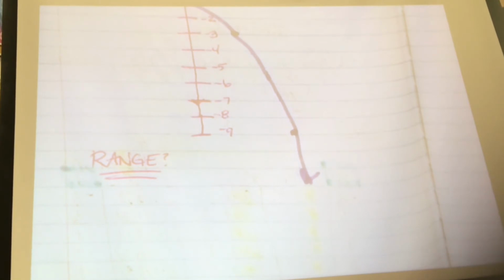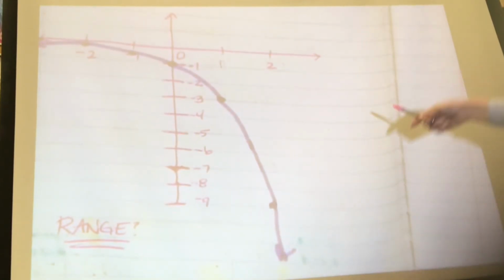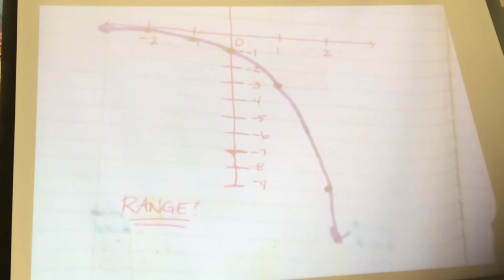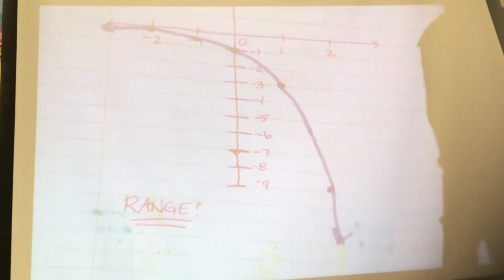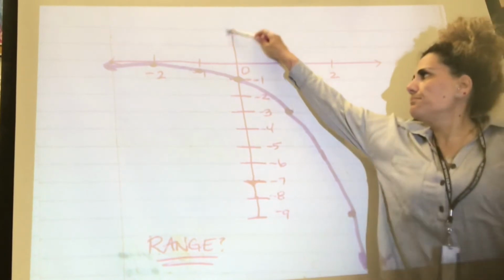So on your quiz question, you guys are going to be asked, what is the range of this function? Jason, look at me. We're almost there. Don't let me lose you. What I want you to do is treat the range like this is the elevator of a building.